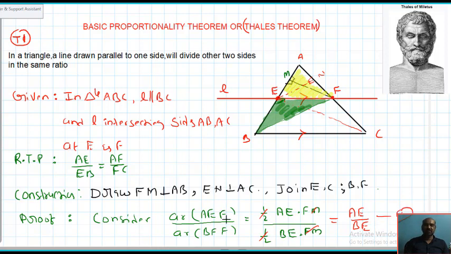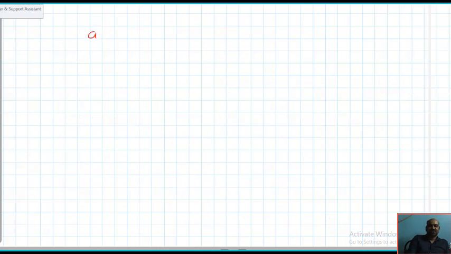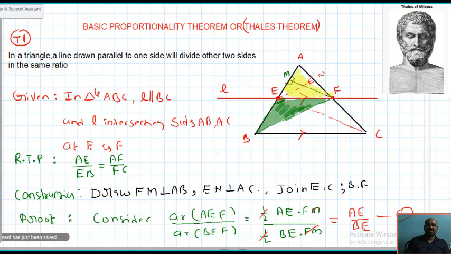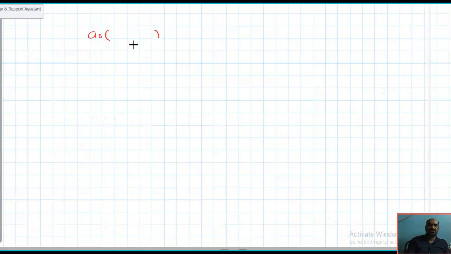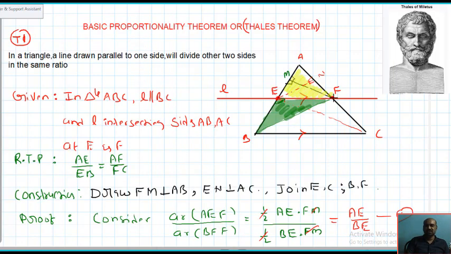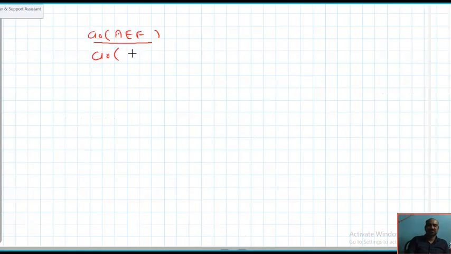Now next I will take the area of the same triangle AEF and triangle EFC. Area of triangle, what is that? AEF by area of triangle EFC equals half into.